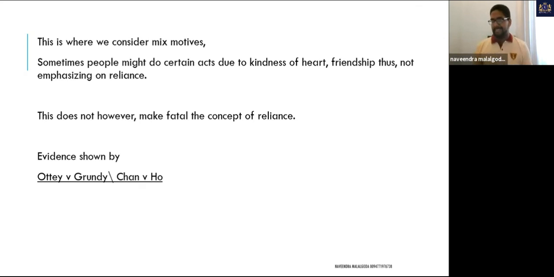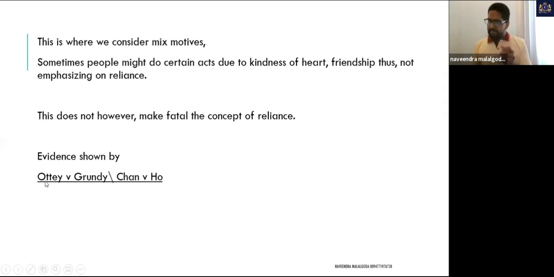However, the court said that still, even though those actions were done with the kindness of the heart, the courts imputed reliance, stating that these types of actions, even though done through kindness of heart, are done with at least a simple consideration of the assurance by the landowner.